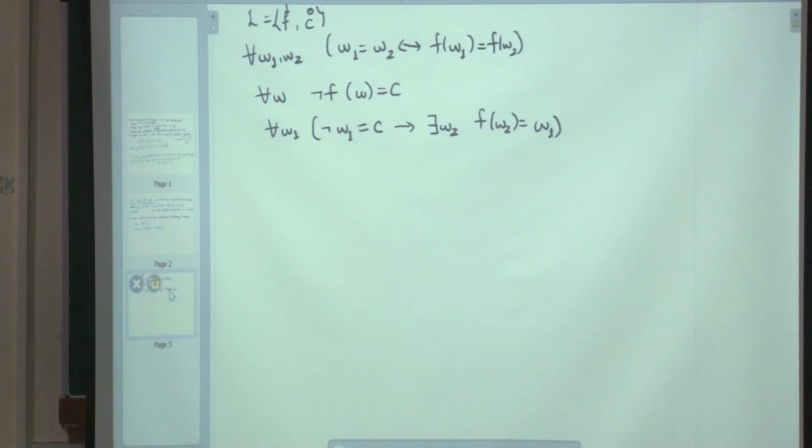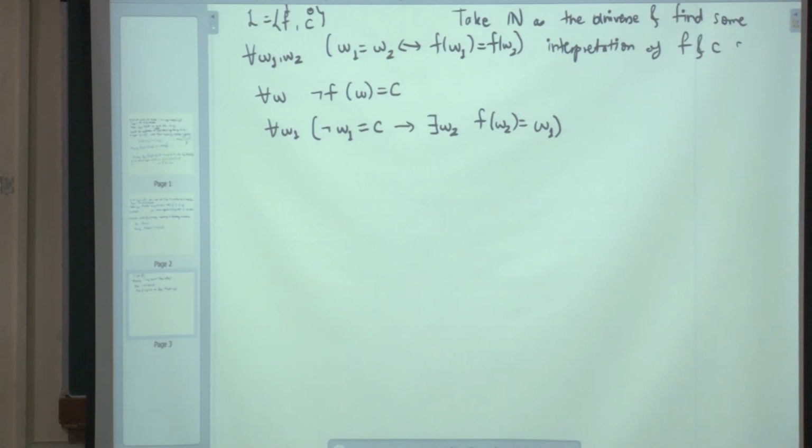And you are given these three sentences, and you are asked to choose the universe, so take N as the universe, and find some interpretation of f and c so that these sentences are true.